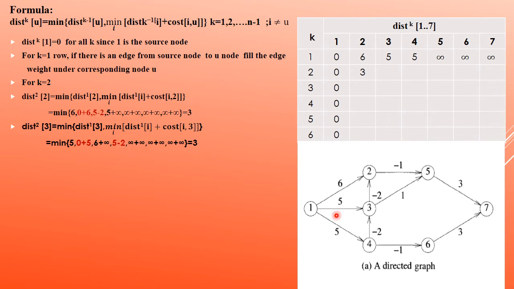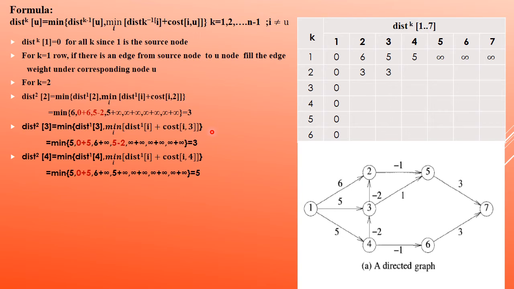And for 3, its previous distance is 5, then 5 minus 2 is 3. Always when you are taking the previous distance, take it from the previous iteration, not from the current iteration. For the rest, however much you try, you are going to get infinity, because there is no edge to 3. Among these, the minimum is 3. Only the ones highlighted in brown color we get from the graph. The remaining we get as infinity.